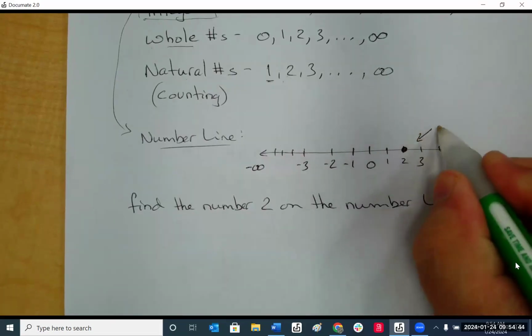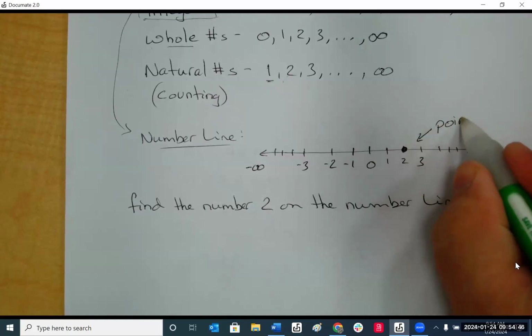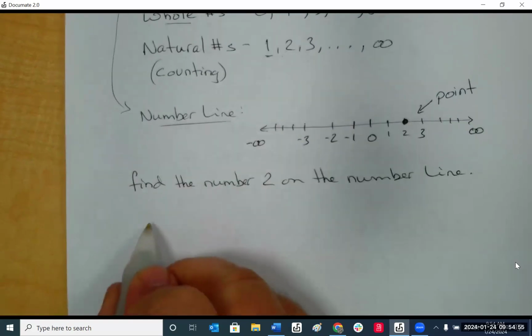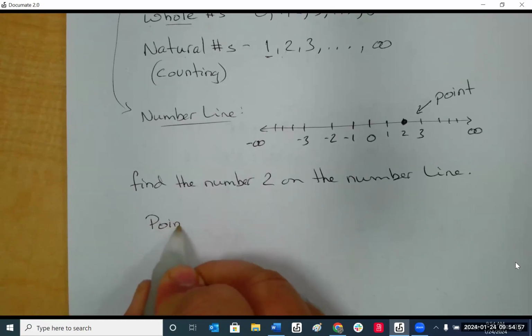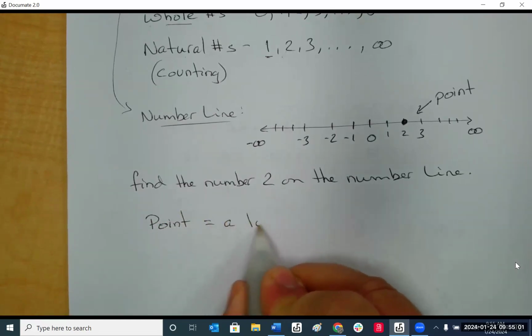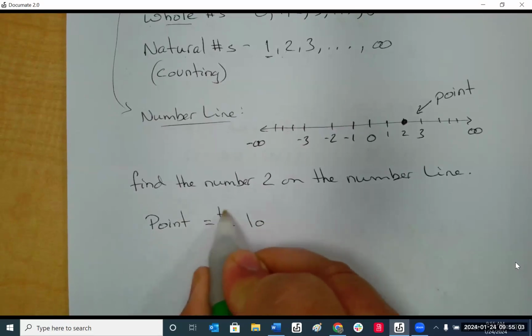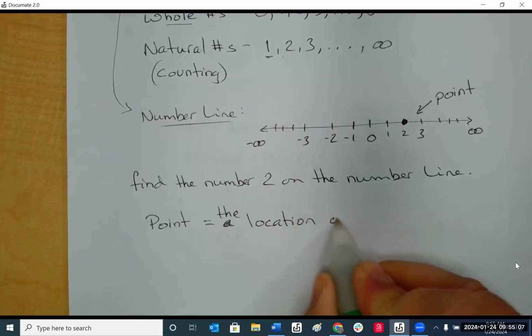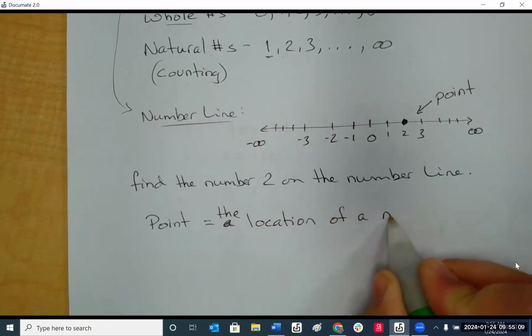That is called a point. A point is the location of a number.